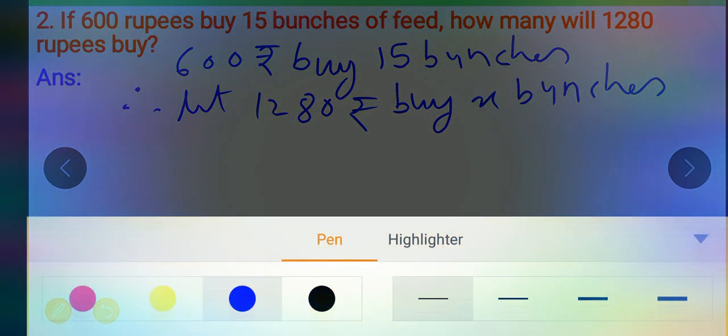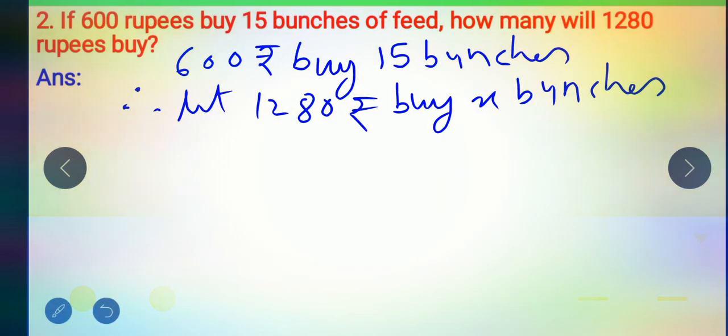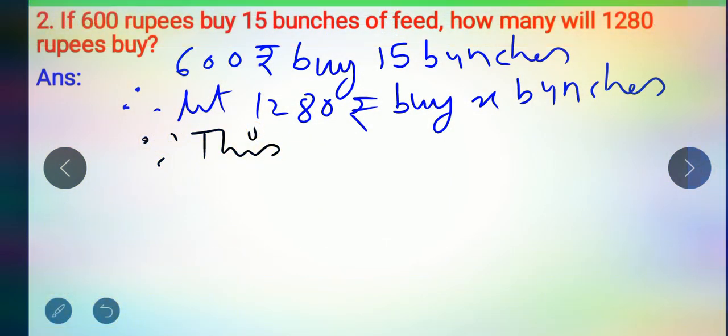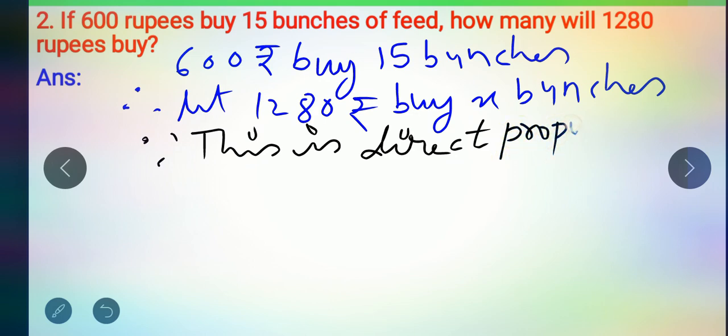Now you know that this is direct proportion. Since this is direct proportion, the ratio must be equal, students. 600 upon 1280 is equal to 15 upon x.